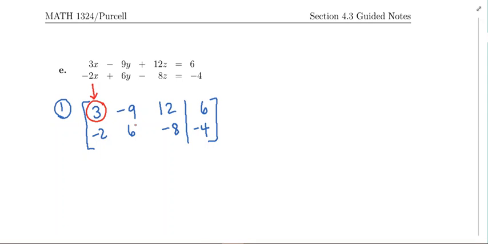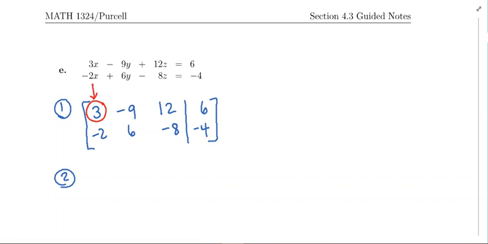So for our next matrix, starting in the first column, we want to change this main diagonal element to a 1. You have options here. You can switch rows, but that's not going to do us any good. Our best bet is to take the entire row 1 and divide by 3, because 3 divided by 3 will give you that 1.